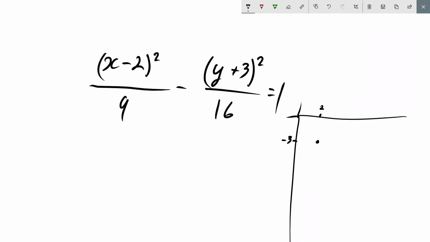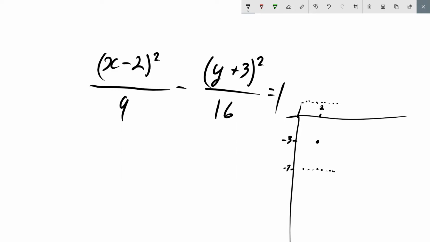So zooming in, you can now go up 4 units, because that's our b value. So if that's 3, we're going to have to go to 1, so up here. And we're going to have to go down 4 units, so we're going to have to reach -7.